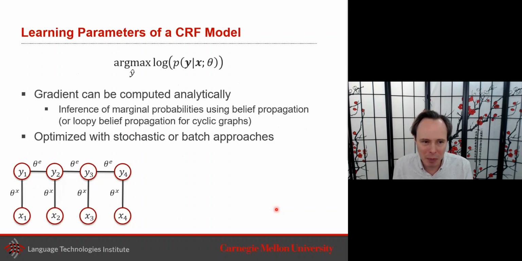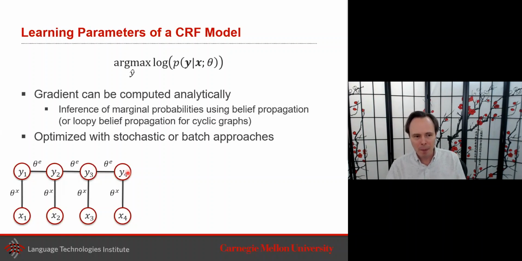And how do you optimize? What's really nice with this is that it has a nice gradient that can be computed analytically. I did it myself during my own PhD. You can optimize and do inference, and you can compute the gradient if there is no loop.